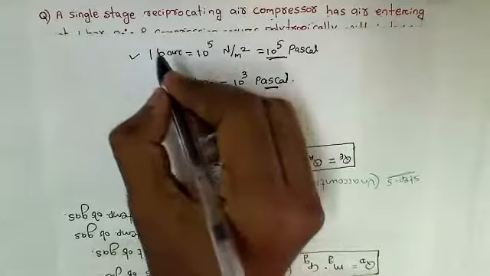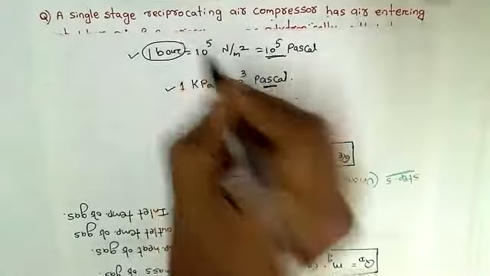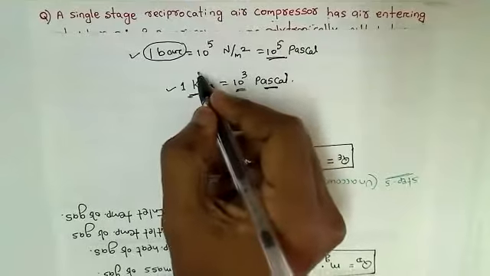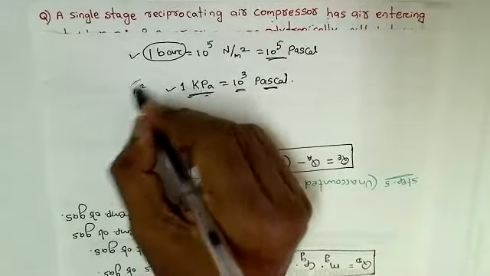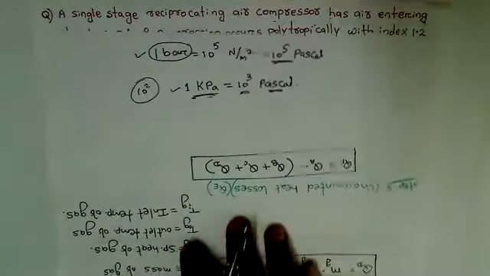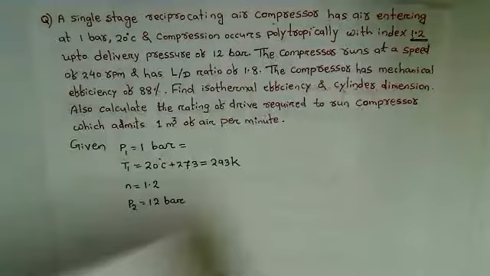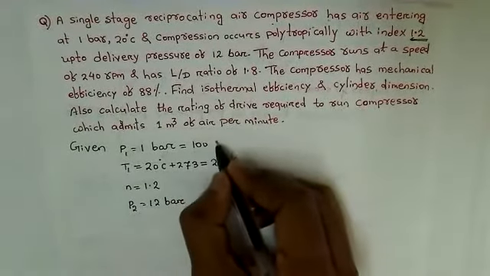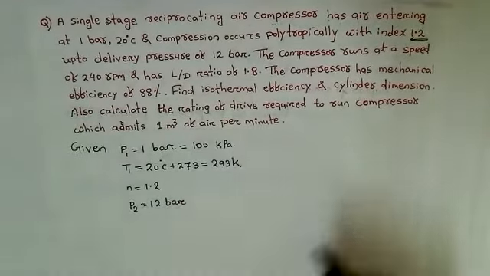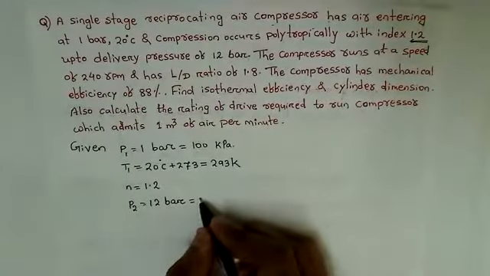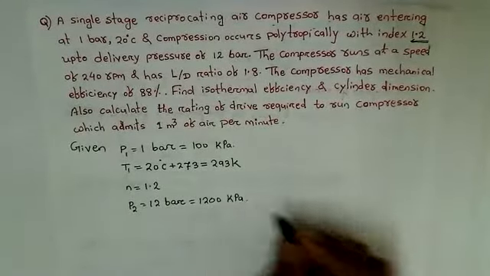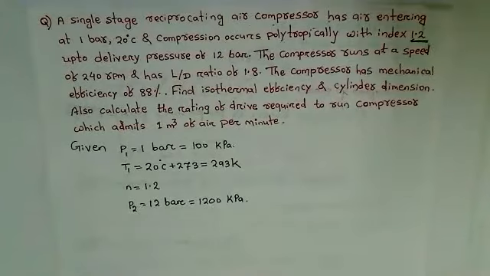If you want to convert bar into kilopascal, you have to multiply by 10 to the power 2, which is nothing but 100. So 1 bar means 100 kilopascal and 12 bar means 1200 kilopascal. Next.